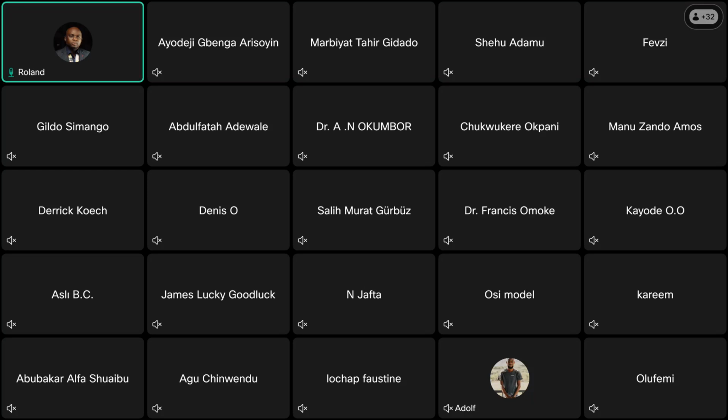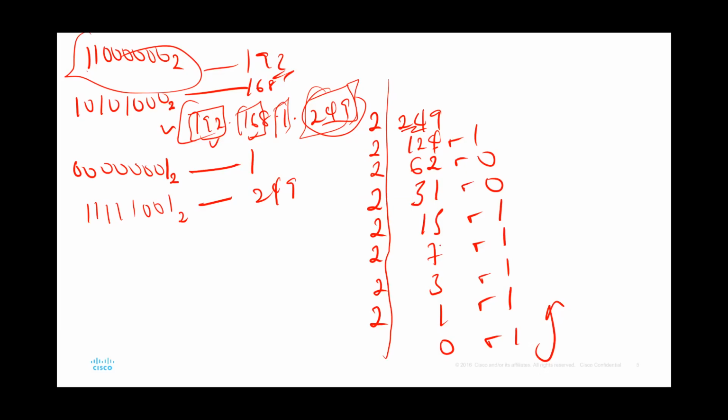Let me go back to my slide and explain something to you. Everything you have in an octet is 8 bits. So this first octet you are looking at, 192, when you convert it to binary, it must give you 8 bits. Why?